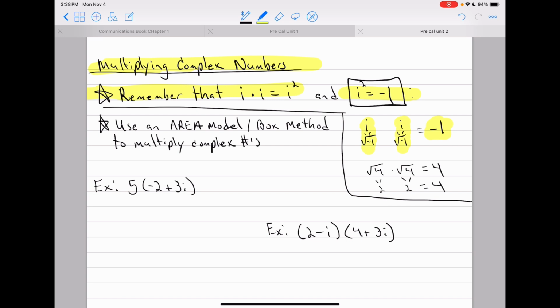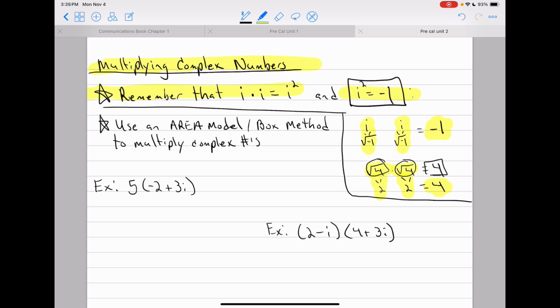Think about this: what if I took the square root of 4 times the square root of 4? The square root of 4 is 2, and 2 times 2 is 4. So if I take the same square root and multiply it by itself, the answer is the number that was inside the square root to begin with. We've talked about that before, but I just want to make sure you remember it.